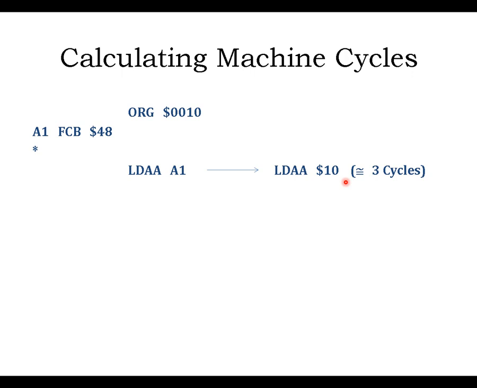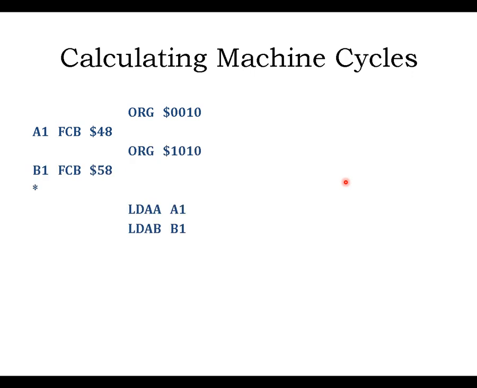Now let's add a little bit here. Let's say I added one more line. Look at the difference here. I first started storing from 0010, and then I defined a variable. Later on, I started again from a different location, because anytime I can start from different locations just using ORG.